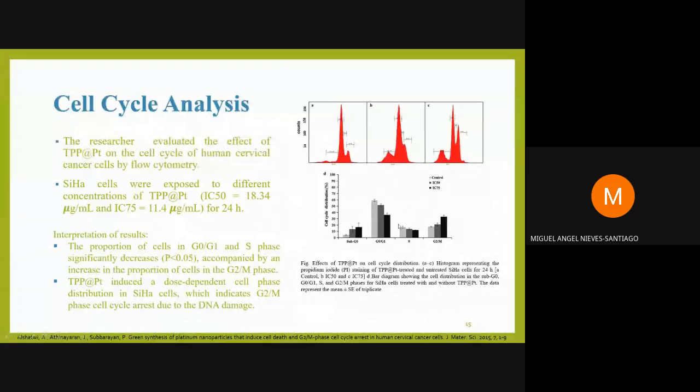This is accompanied by an increase in the proportion of cells in the G2 and mitosis phase. The nanoparticles did induce a dose-dependent cell phase distribution in the cells, which indicates G2 to M phase cell cycle arrest due to DNA damage.